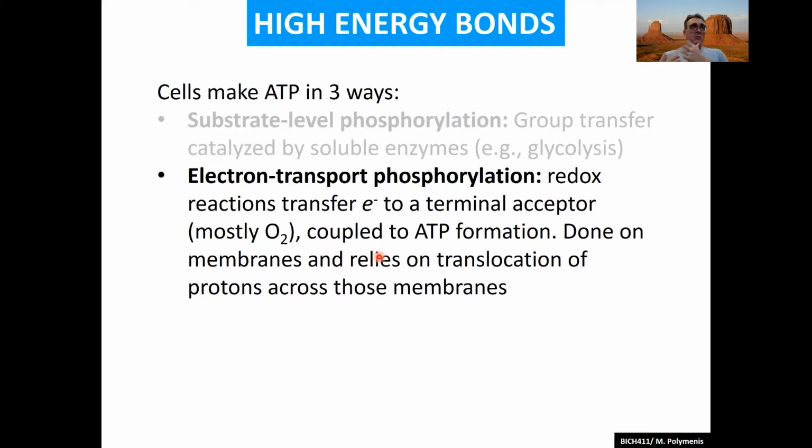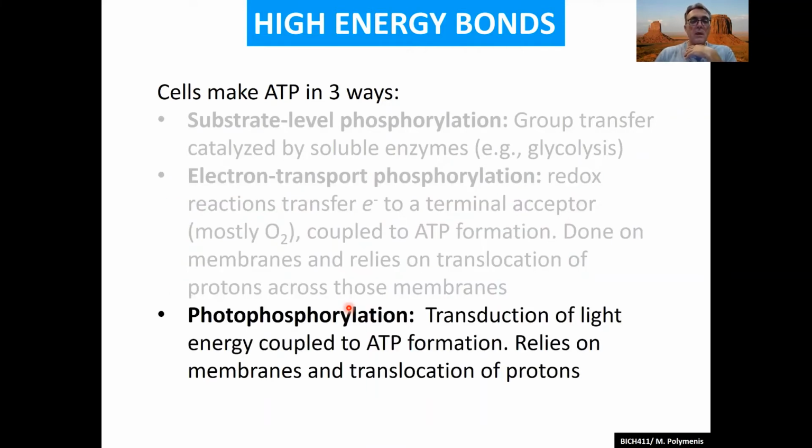The machine they use to make ATP relies on the movement of these ions across membranes. So we'll cover this part. The substrate level phosphorylation glycolysis will finish before exam 1, and between exam 1 and exam 2 we will be talking about electron transport phosphorylation exclusively.